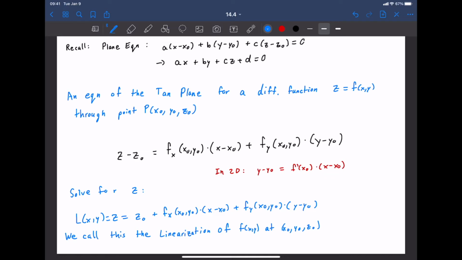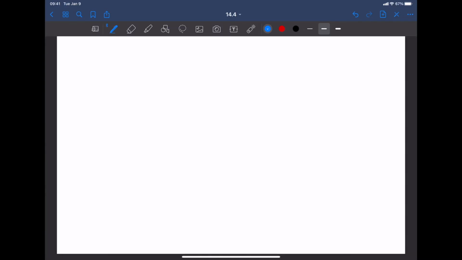So let's do a couple quick examples here. Example 1. Find the tangent plane to the paraboloid z equals 2x squared plus y squared at the point 1, 1, 3.